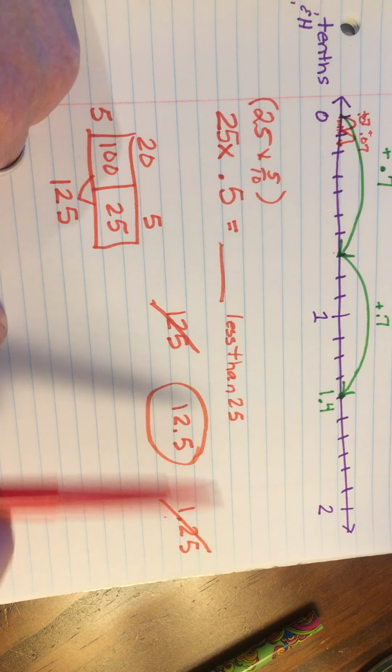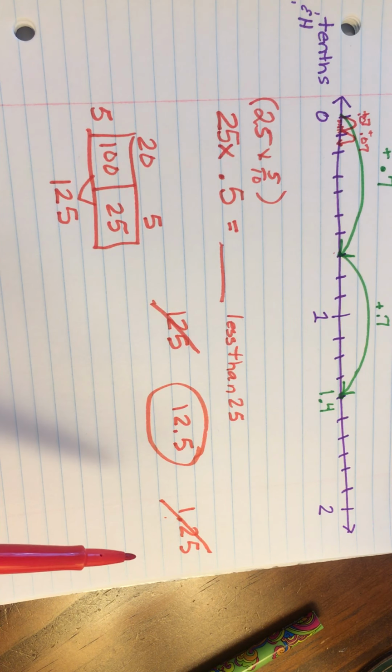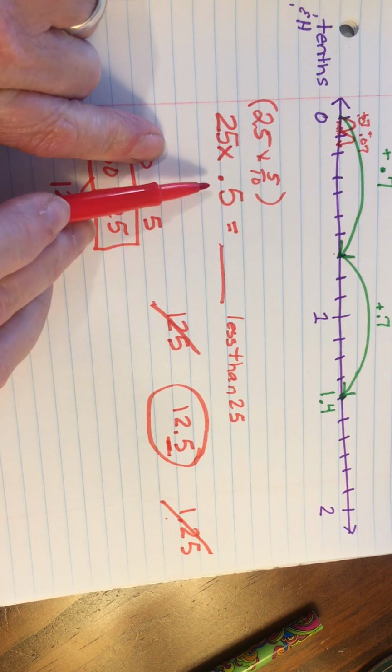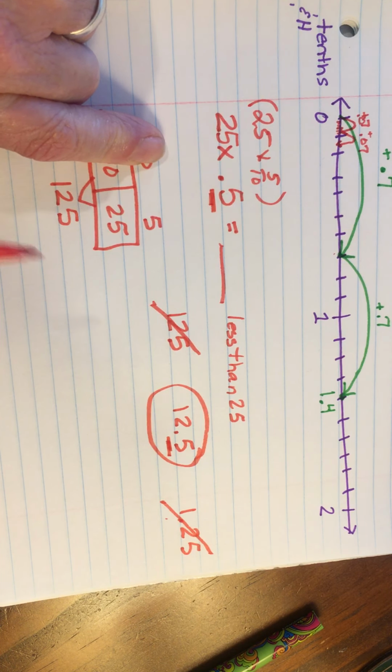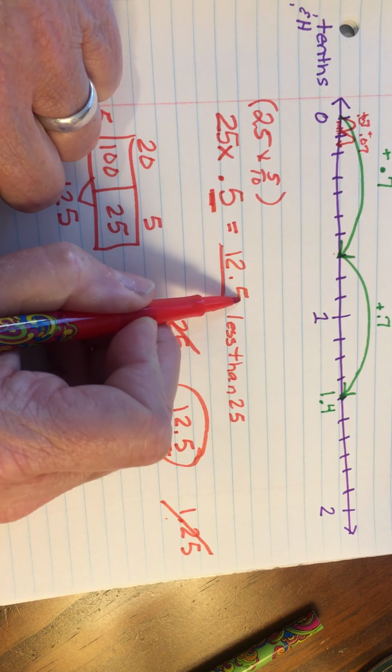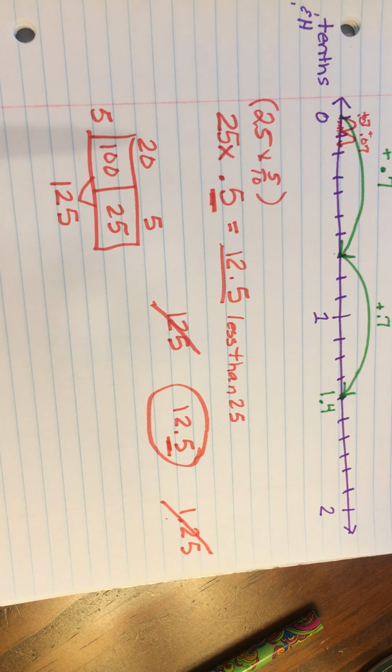So I'm going to say that 12 and 5/10 is the answer. I can see that there are tenths here and there are tenths here. So I am pretty sure, because of my reasoning, that my answer is 12 and 5/10.